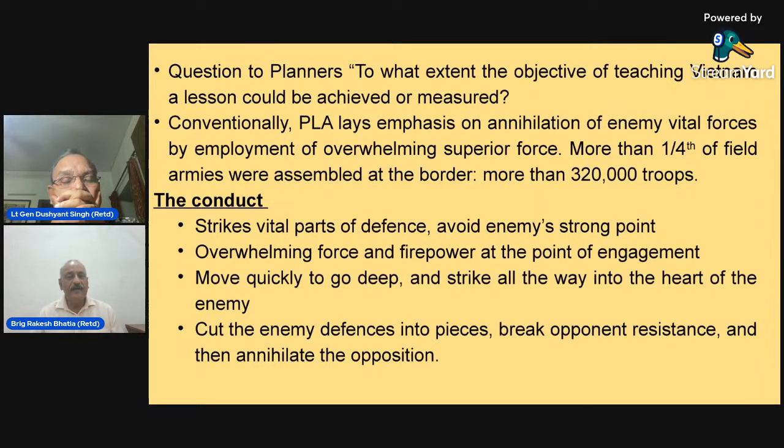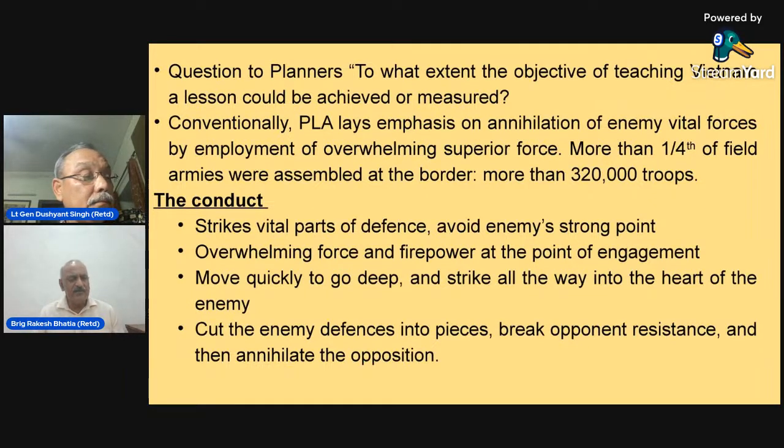They moved very quickly, and most importantly, they wanted to cut the enemy defenses into pieces. That is, no reinforcement permitted, no withdrawal from the post or locality which the PLA has attacked. If you study the Battle of Lao Cai, Cao Bang, or Dong Dang, or Long Son, the first thing they did was carry out an envelopment movement and establish roadblocks along the highways.